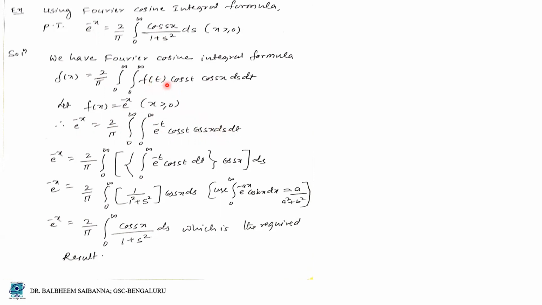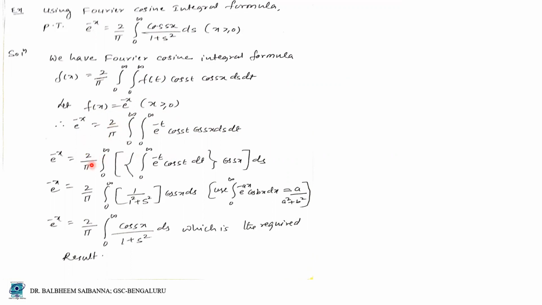We are substituting f of t as e to the power of minus t: the given function is in terms of x, and the same function we write in terms of t. The remaining is as it is.